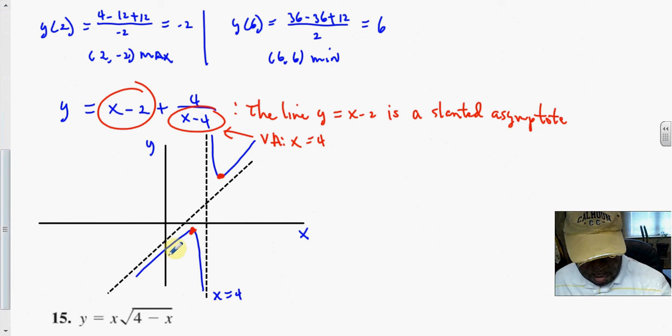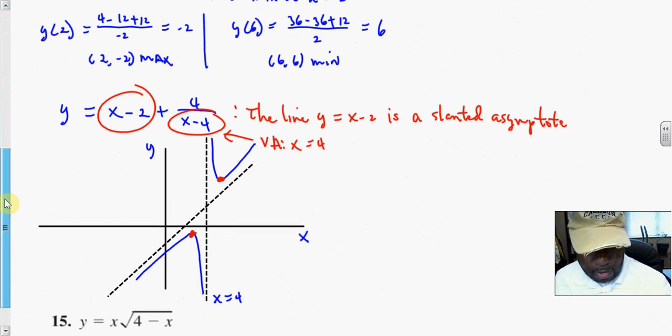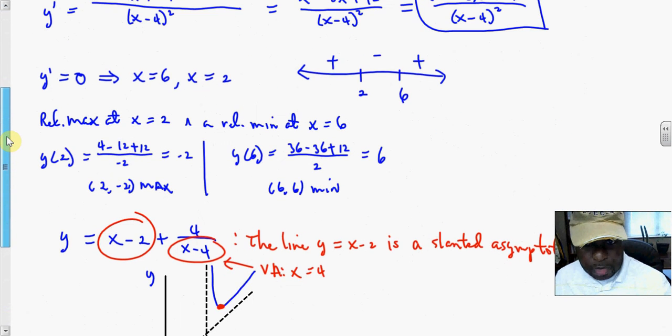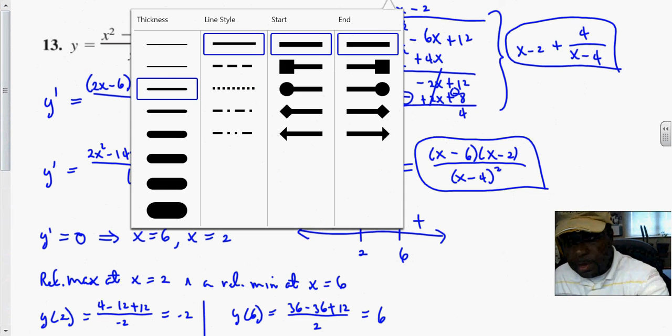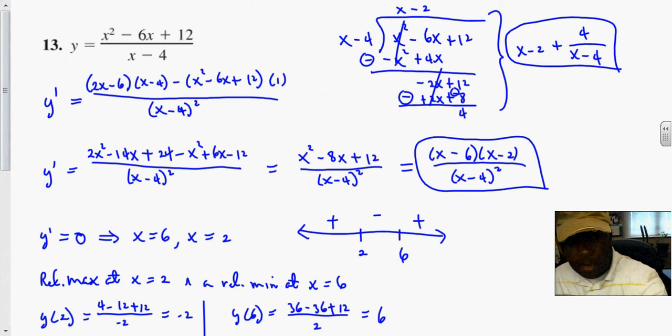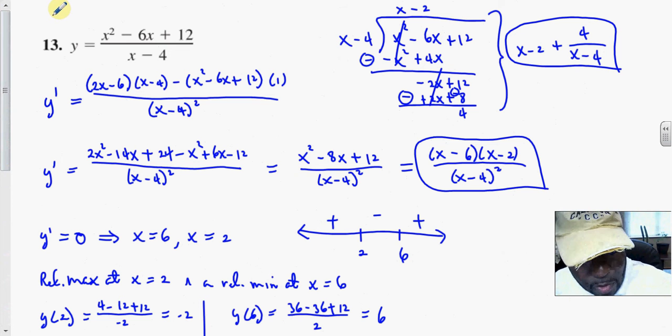And then you have a y-intercept if you let x equal 0. So if x is 0, we get 12 divided by negative 4, so it gives us negative 3.